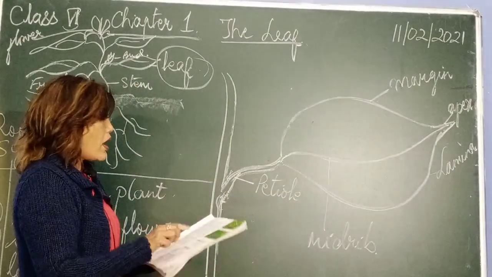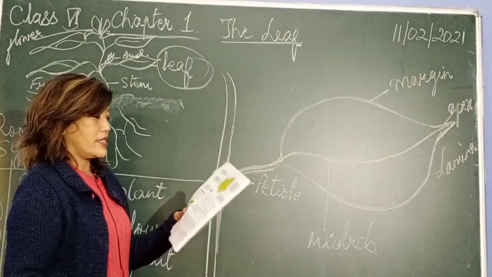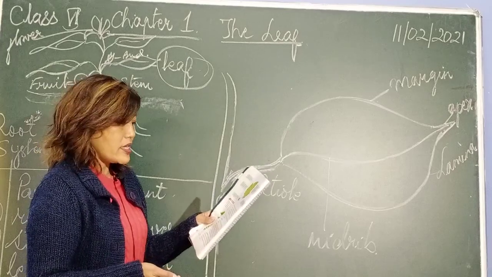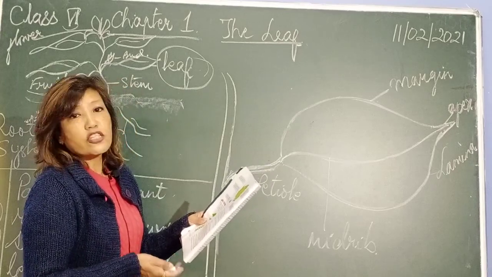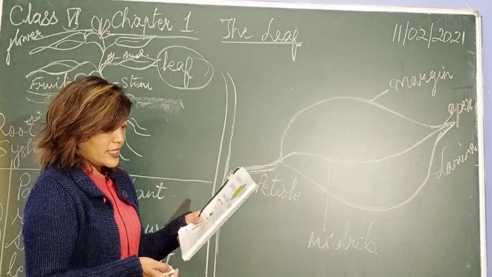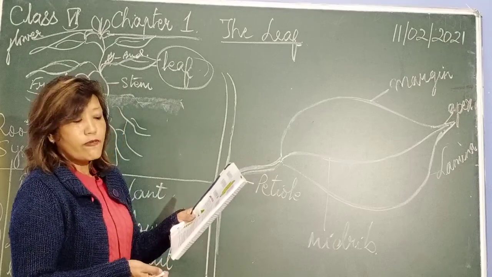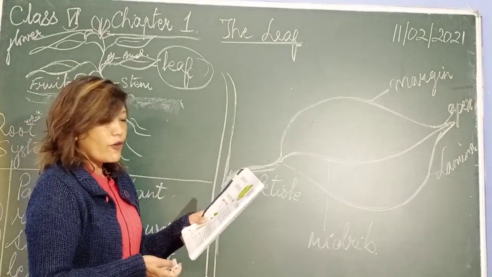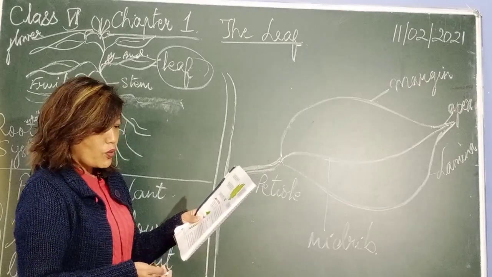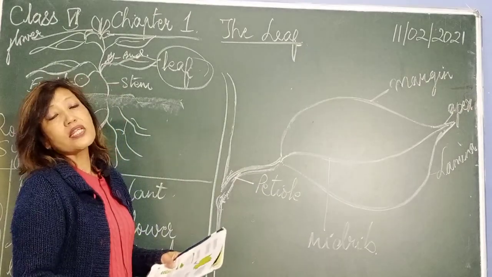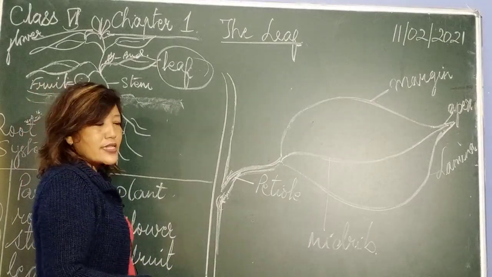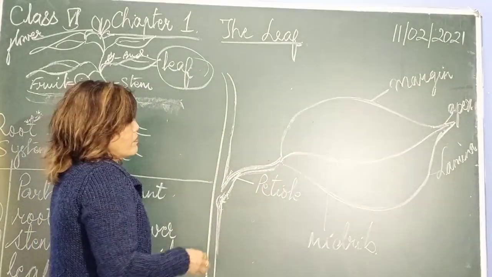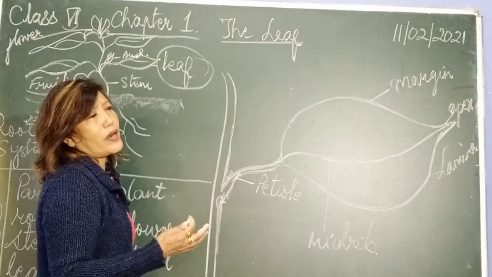Then comes the next part, veins and veinlets. Many lateral branches known as veins arise from the midrib, then veins further branch out to form veinlets.